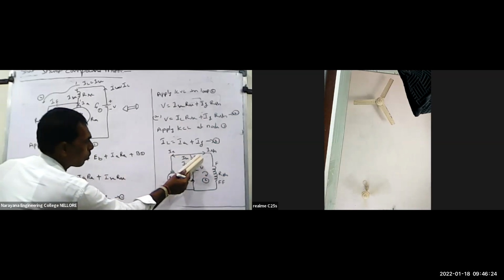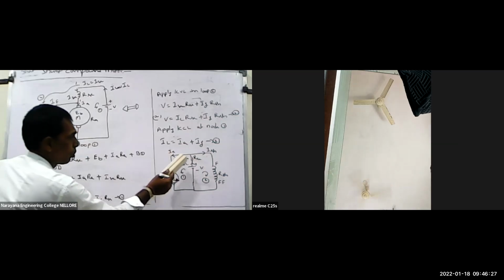V is equal to the drop of ISC into RSC plus the drop of the motor, IA into RA, plus brush drop. If the brush drop is negligible, then V is equal to EB plus IA RA plus ISC into RSC.